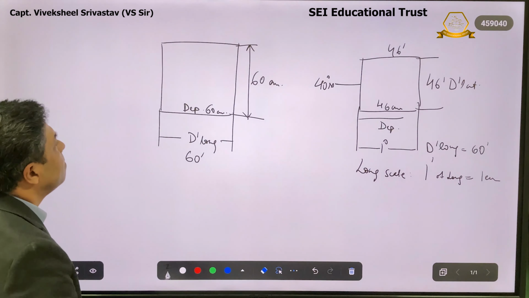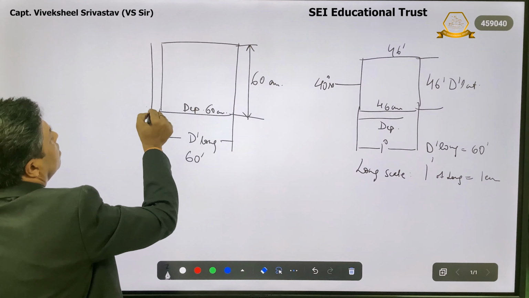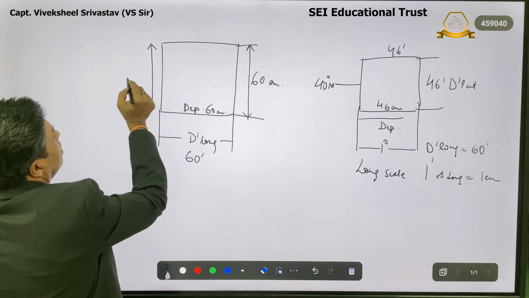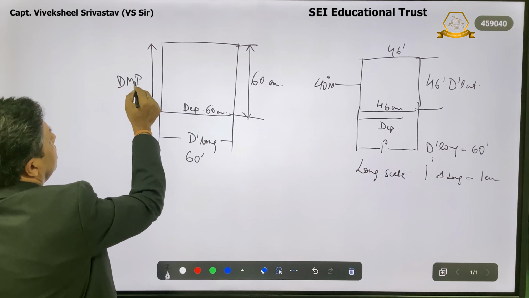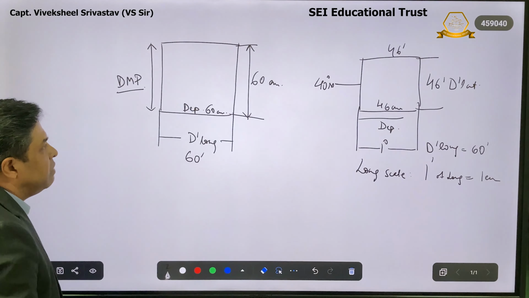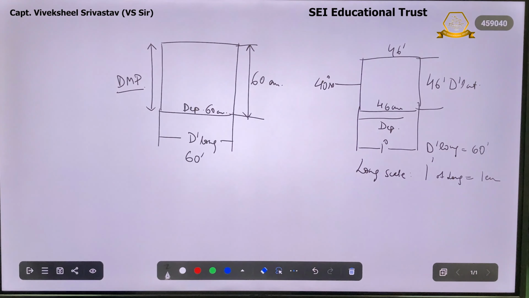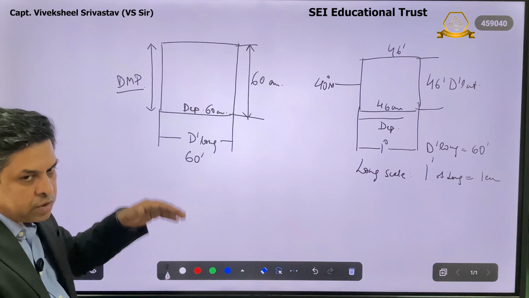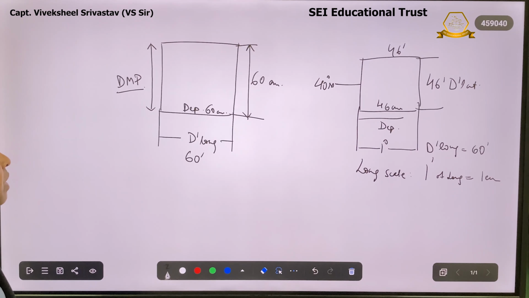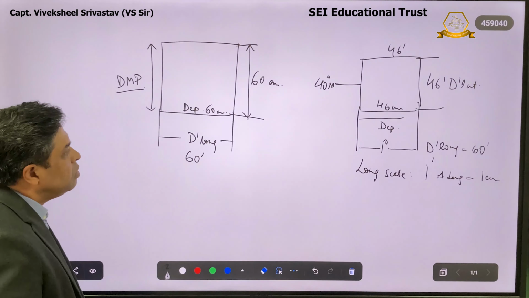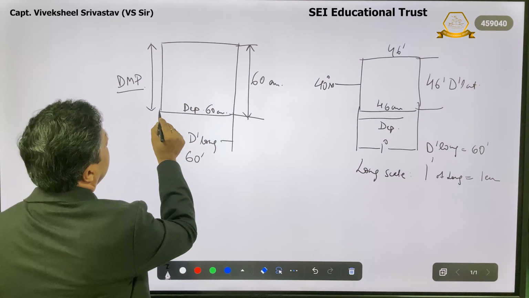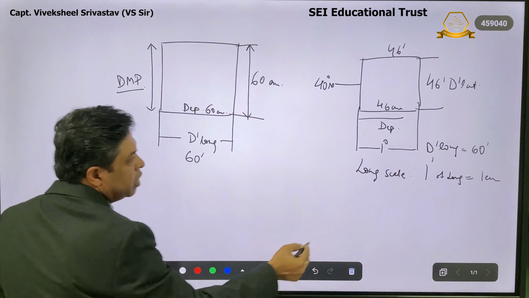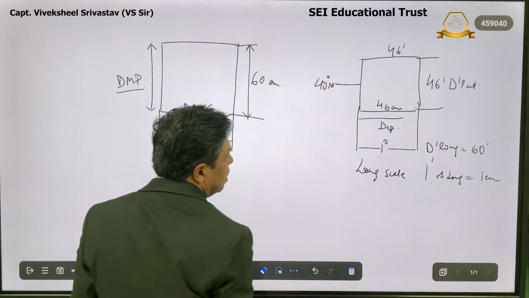As we have seen last time, this was denoted by DMP, difference in meridional parts. So basically this gives you the north-south distortion that has happened. Here our d long longitude scale was still 1 minute is 1 centimeter.